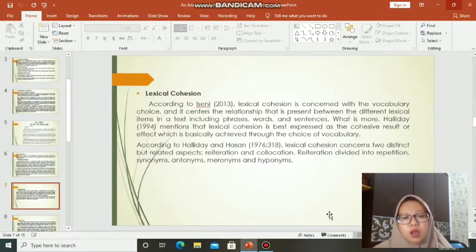What is more, Halliday, 1994, mentions that lexical cohesion is best expressed as the cohesive effect achieved through the choice of vocabulary. According to Halliday and Hasan, lexical cohesion concerns two distinct but related aspects: reiteration and collocation. Reiteration is divided into repetition, synonyms, antonyms, meronyms, and hyponyms.